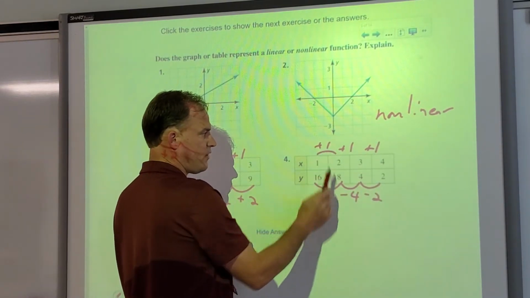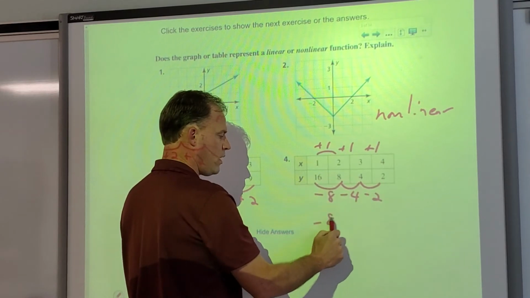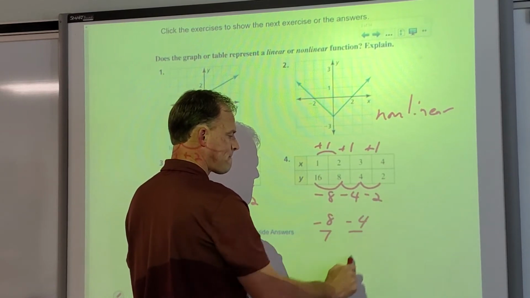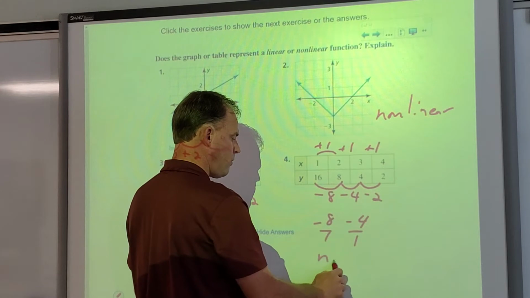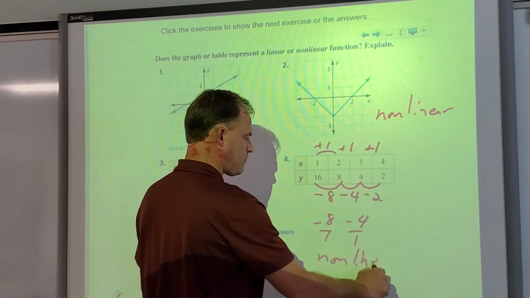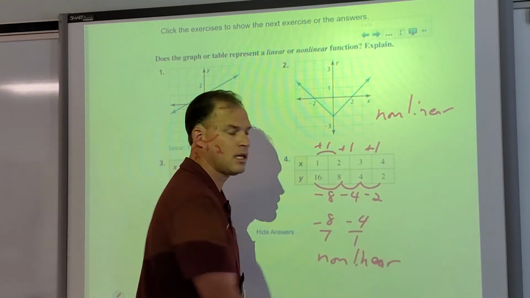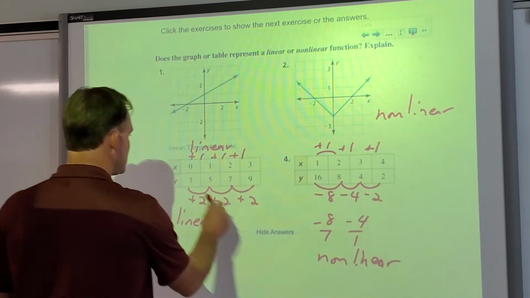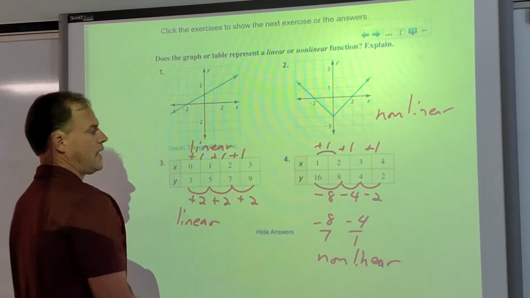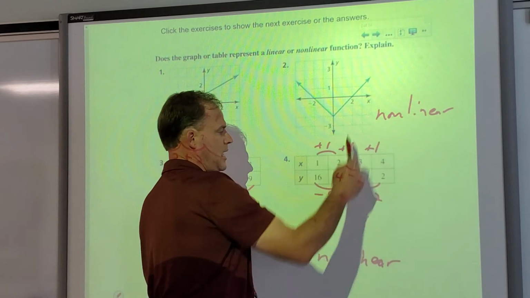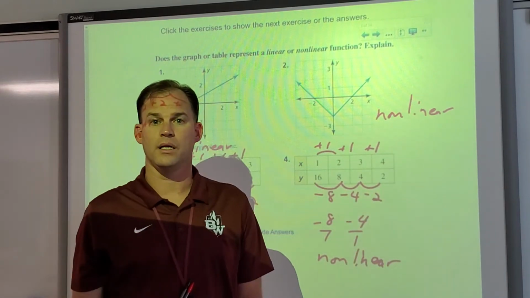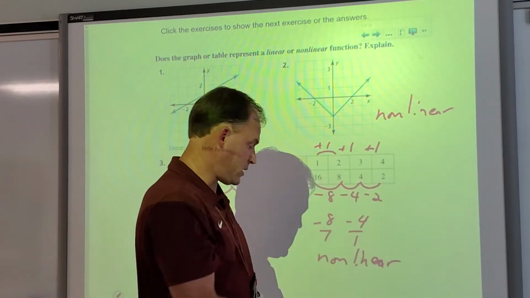So this is -8 over 1, -4 over 1, not equal, non-linear. Constant rate of change, straight line. Not a straight line, not a constant rate of change. Linear, nonlinear.